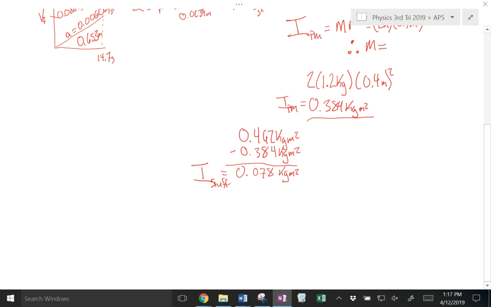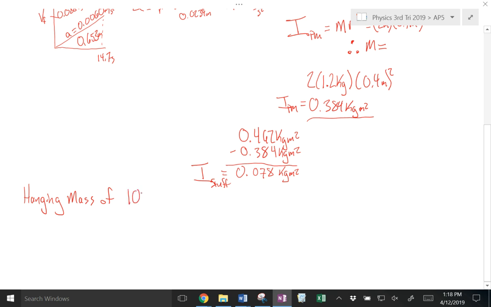Okay? So if that truly is the moment of inertia for that stuff, here's what I need you to figure out. If I hang a different amount, if I go with a hanging mass of, could do 500 grams again. Sounds dangerous though.